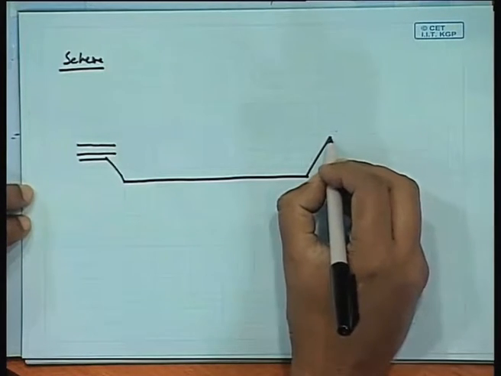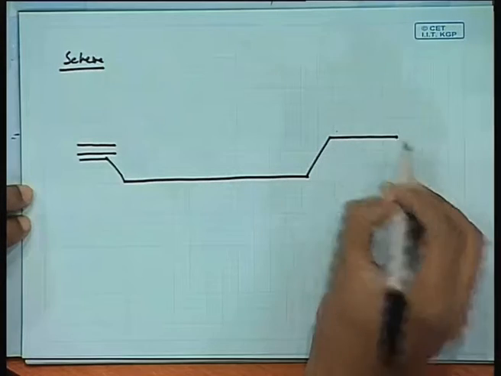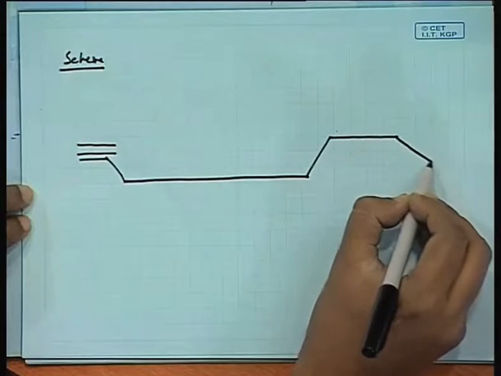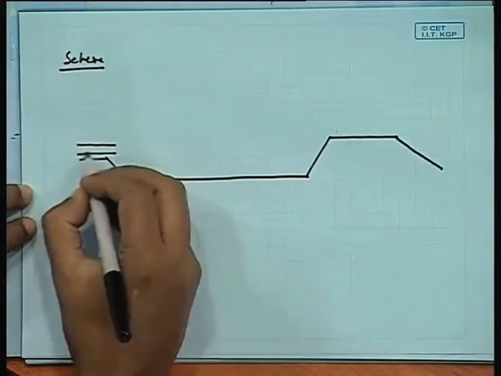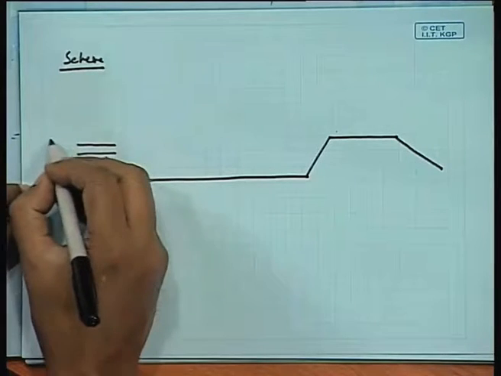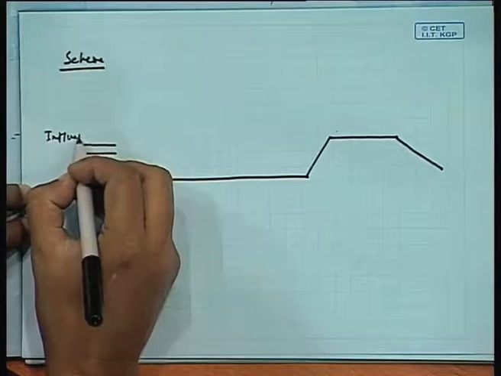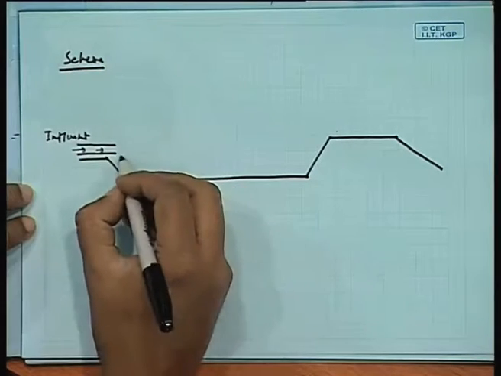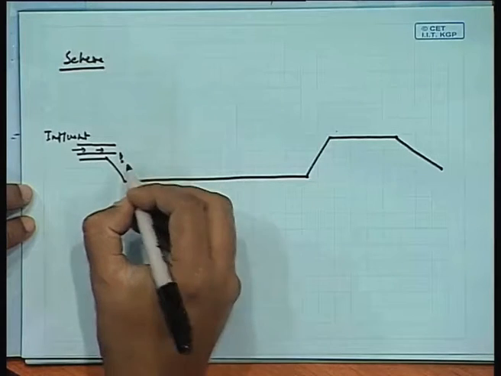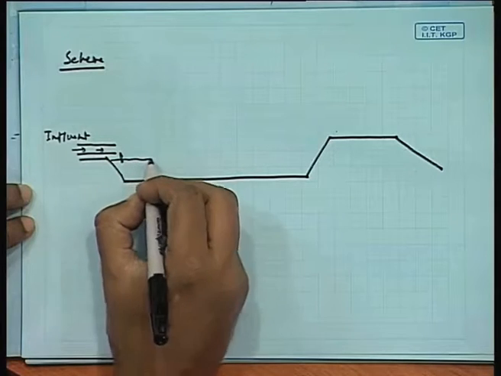Here you see the influent, the wastewater that is coming. This would be discharged here, and this is where the wetland would be.